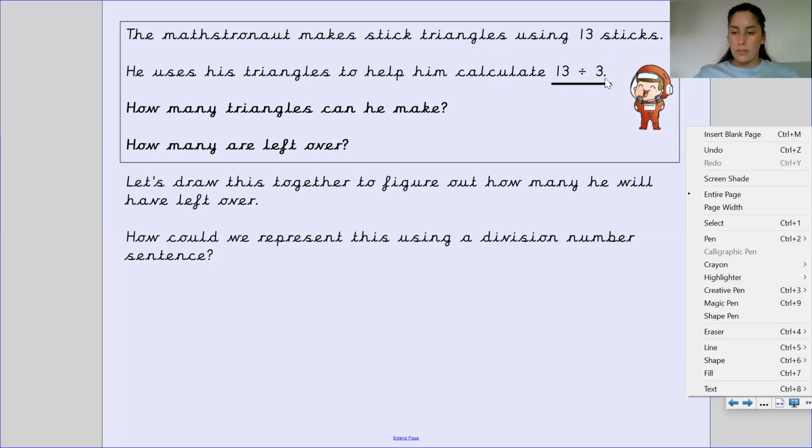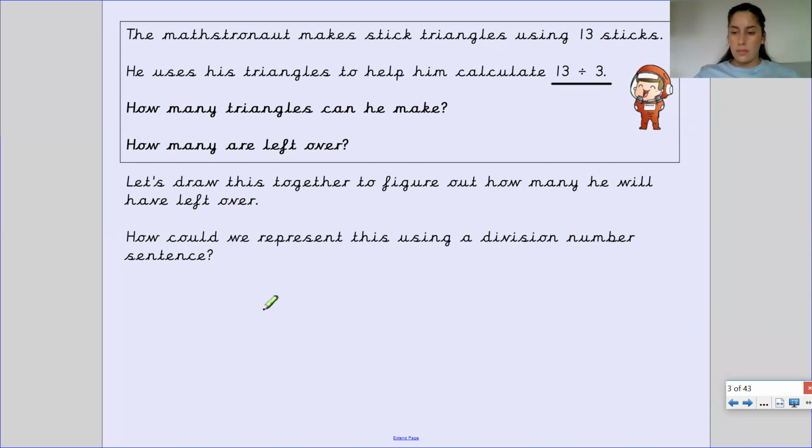Well, because triangles have got how many sides? 3 sides. So essentially 13 divided by 3 means the number 13 divided into groups of 3, because each triangle has 3 sides. So we're making groups of 3 to represent this division.